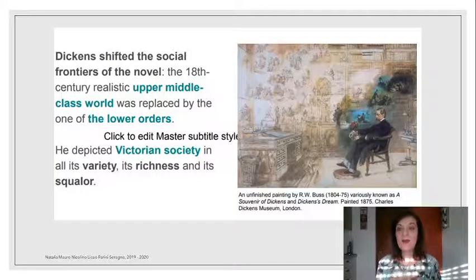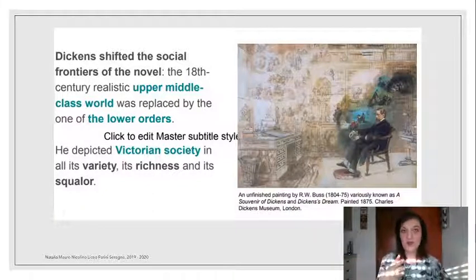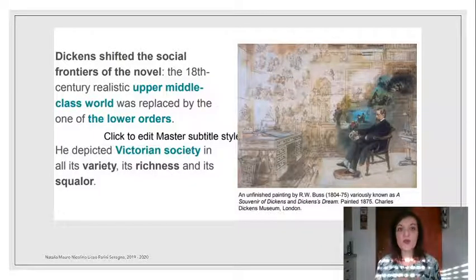In fact, as you can see here, I wrote that Dickens was maybe the first in Britain to shift the social frontiers of the novel.